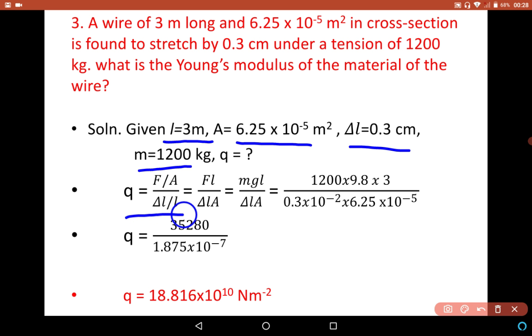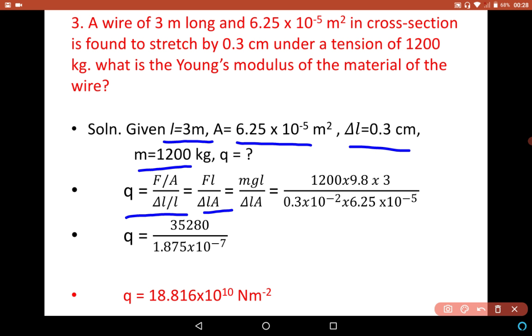The expression for Q, Young's modulus, is equal to, in the numerator, stress, which is force per unit area, and in the denominator, strain, which is change in length by original length. Therefore, it is equal to F L by delta L into A. Then we can write F is equal to M into g.